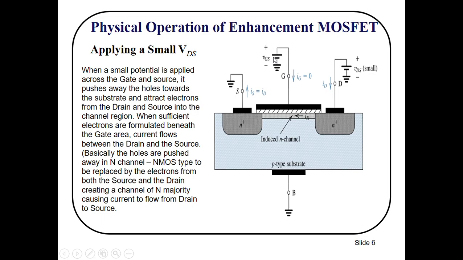When we apply this gate voltage and our Vg is greater than Vt, then a channel is induced here. And when we apply this VDS, current starts to flow between drain and source terminals due to the potential difference.